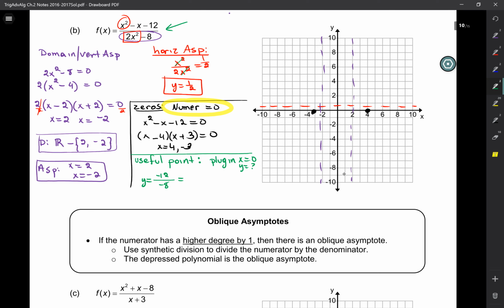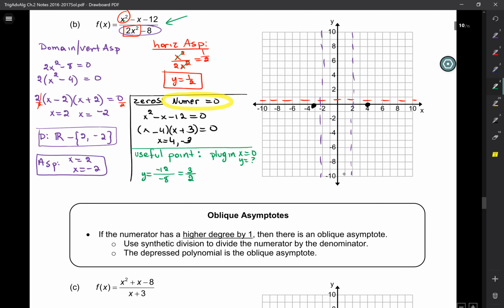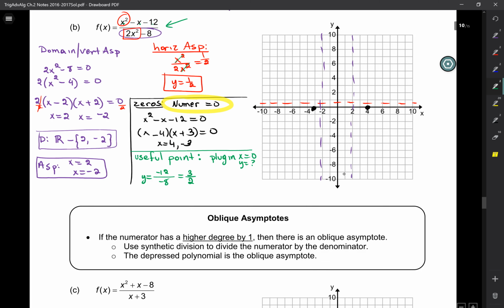So when x is 0 and I plug it into the main function, how much is y? 3 over 2, so 1.5. 1.5 right there.